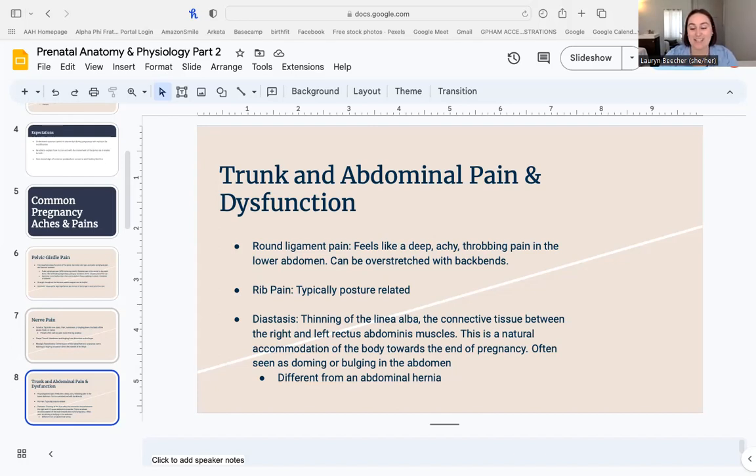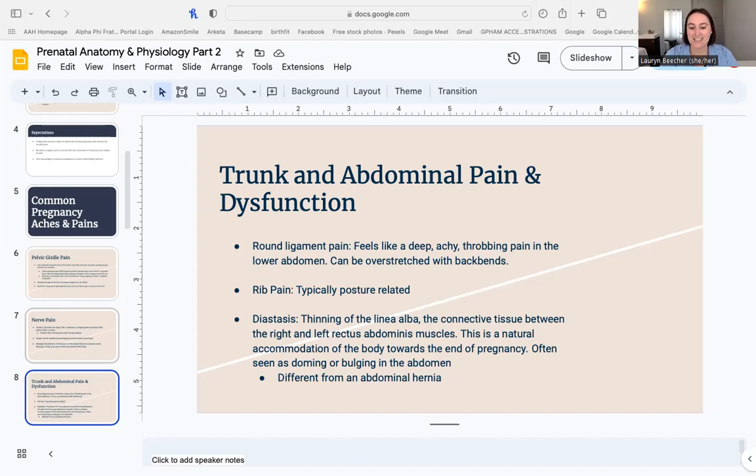Diastasis, also diastasis recti, diastasis rectus abdominis, DR or DRA. Basically, there are a lot of words and a lot of acronyms that are all describing the same thing.